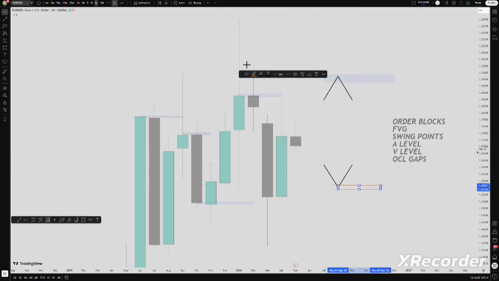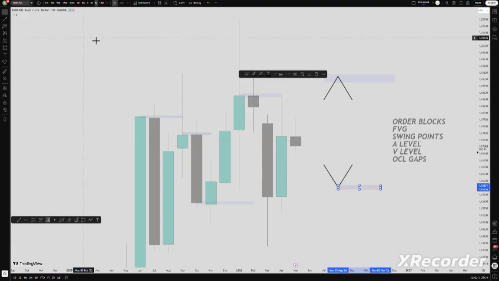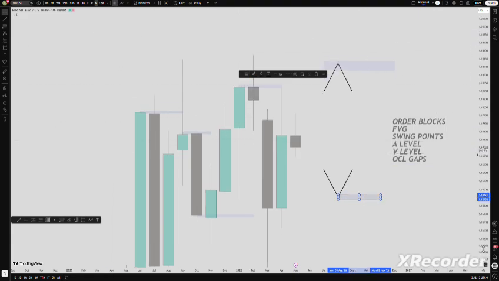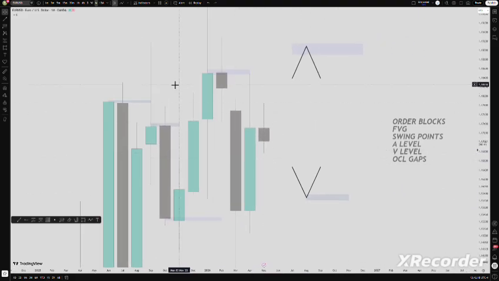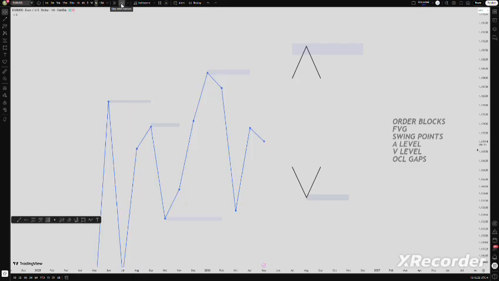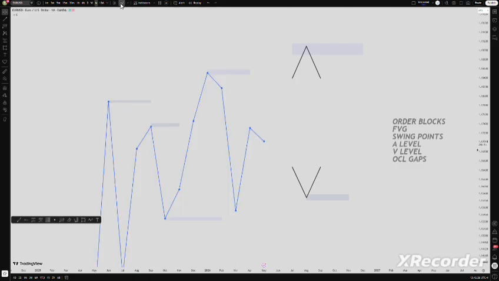All right, so that you understand perfectly well how this works. So basically, for beginners, when it comes to learning these concepts, the more suitable tool to make use of is your line chart. All right. So once you navigate to your TradingView, you can change from candlesticks to a line chart.